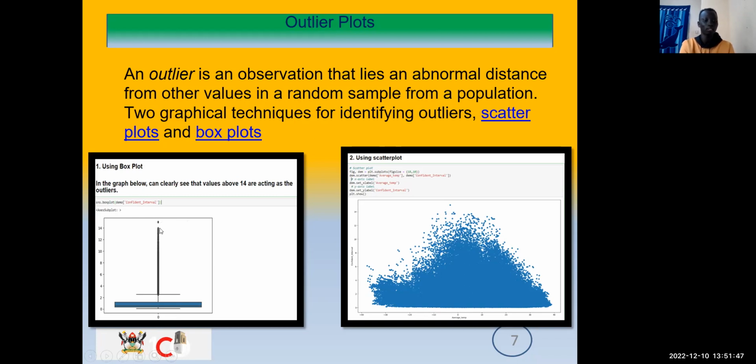Now, the values which are lying above 14 are the ones called outliers. And in the case of a scatter plot, we see that some values are spreading away from other values, and these ones which are extremely far from other values are the ones called outliers.